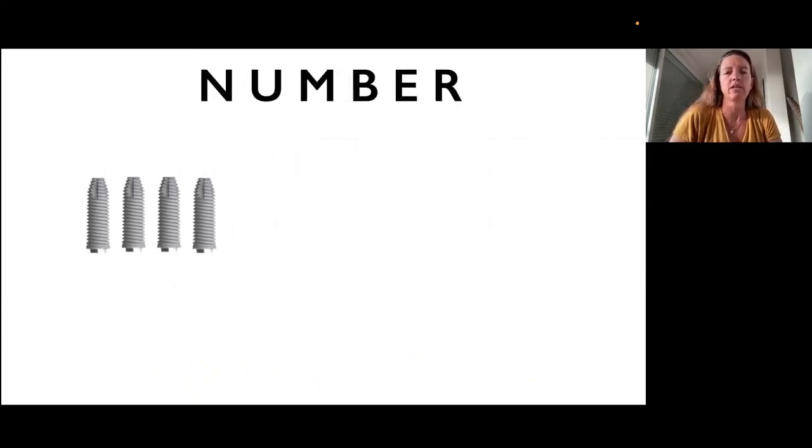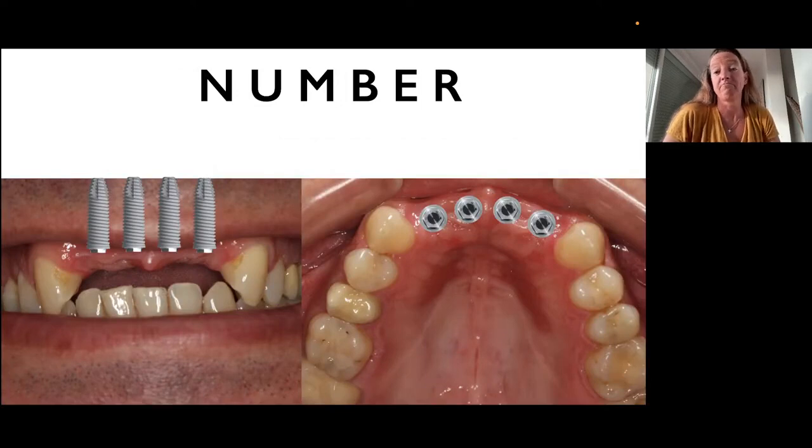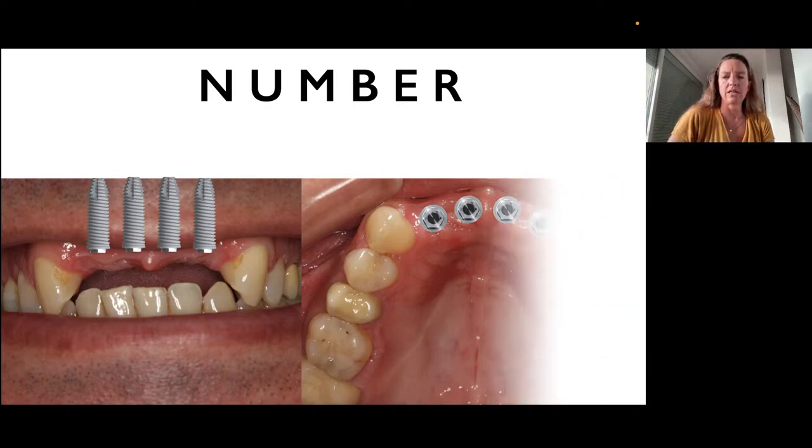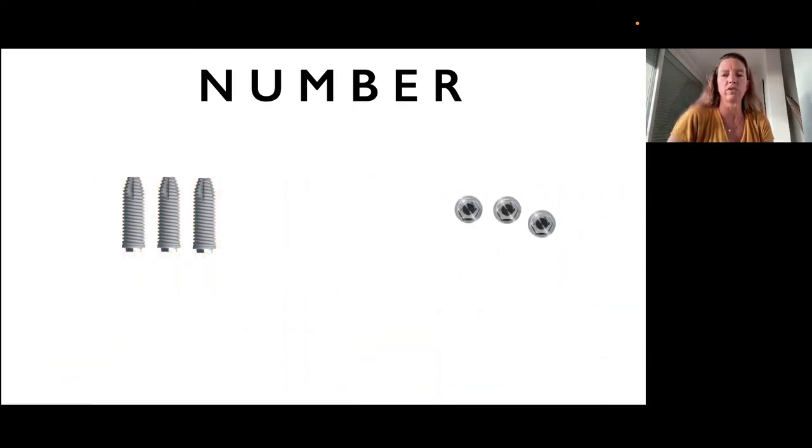Well, basically, in terms of number, we can place 4 implants, although it's very challenging to have the bone and the mesial-distal space to accommodate all the 4 implants, and to respect the rules that I told you: 1.5 millimeters between the implant and the canines, and 3 millimeters between the implants apart from each other. So it's difficult to achieve good results.